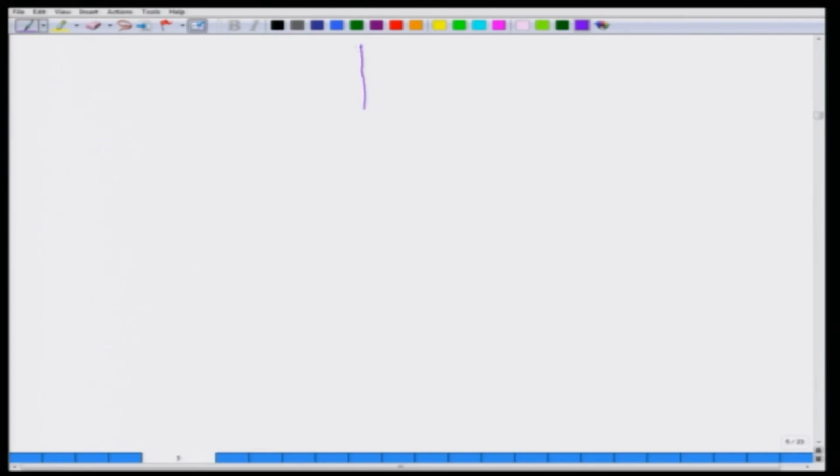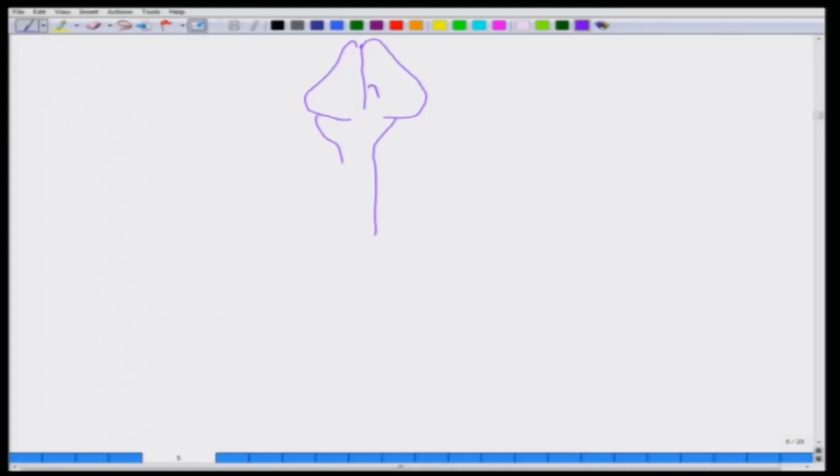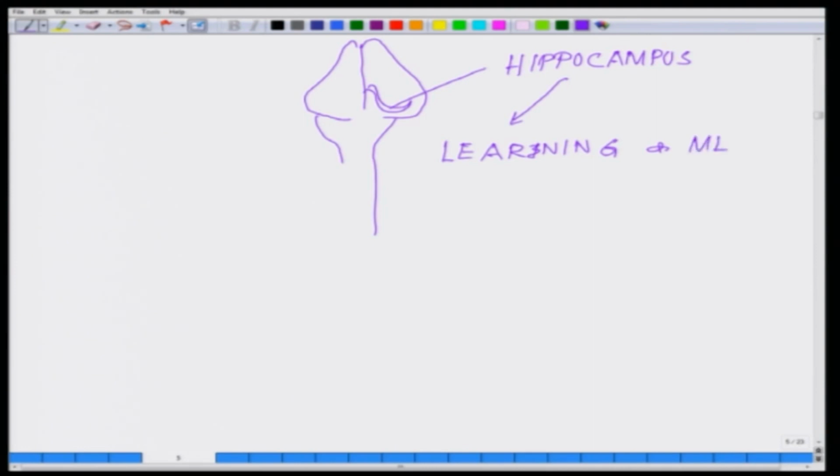So, say for example, this is the brain. You anesthetize the animal, you remove the brain and you kill the animal. Okay. And we know that this is one of the areas which is called hippocampus, which is involved in learning and memory. Okay. We will talk more about it while we will be talking about learning and memory.